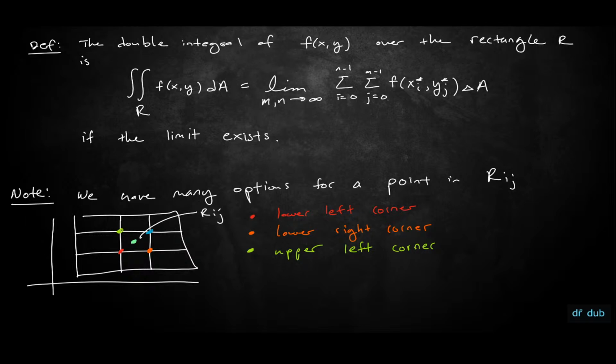This blue point is the upper right corner. And then the mint is the midpoint of that rectangle. So the midpoint of the subrectangle.